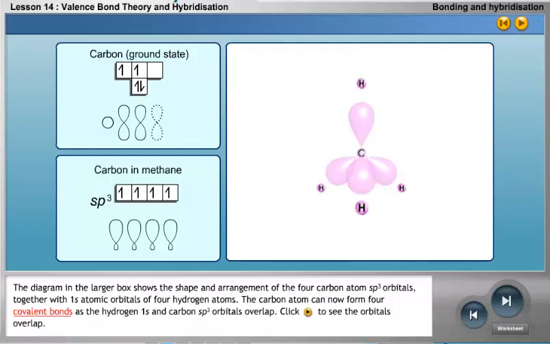The carbon atom can now form 4 covalent bonds as the hydrogen 1s and carbon sp3 orbitals overlap. Click the forward button to see the orbitals overlap.